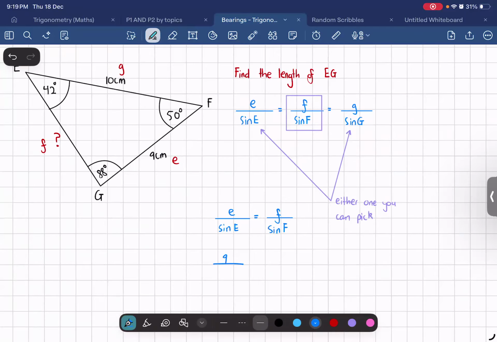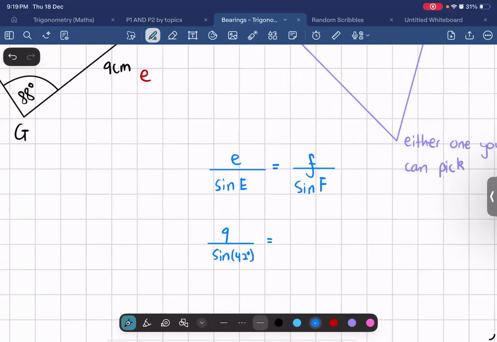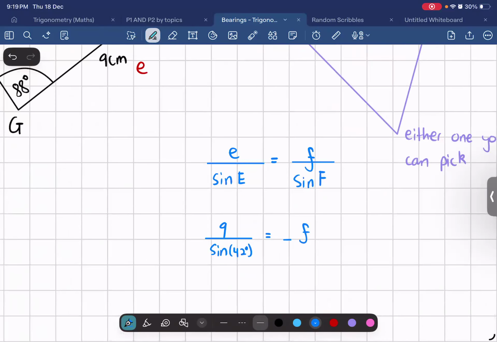What is angle E? Sine 42. And then f over sine 50. Anytime you have two fractions on either side, what do you think you should do? Cross multiply. Right, we're going to cross multiply.